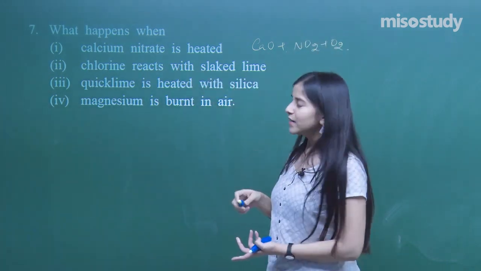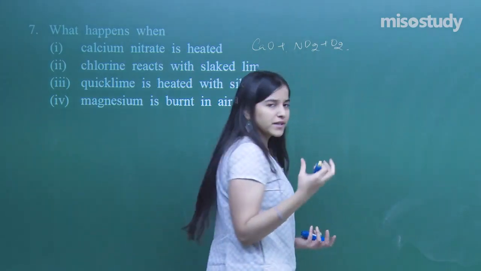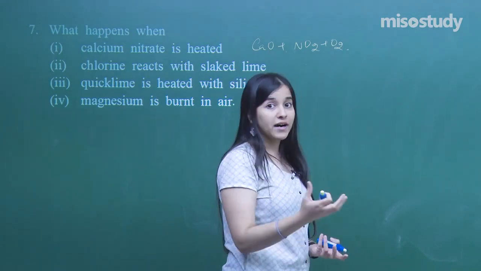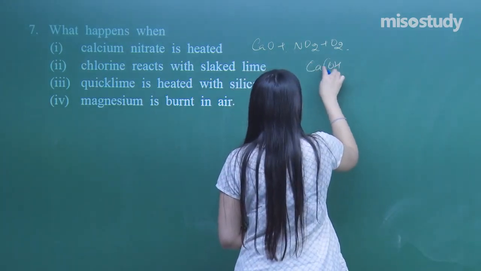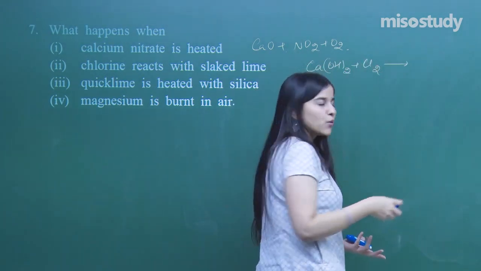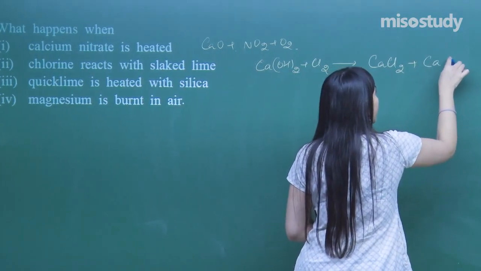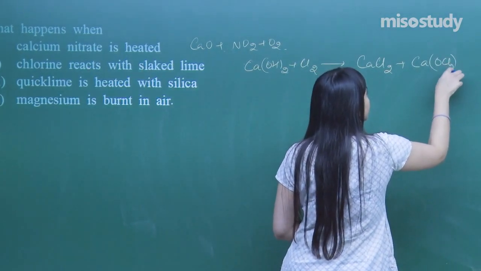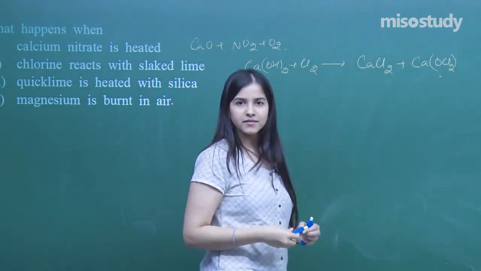Chlorine reacts with slaked lime. You know what reaction is this? So, we get a very, very important compound which is of our use, right? See here, slaked lime is calcium hydroxide. If I am trying to react it with the Cl2, we get CaCl2 plus CaOCl2, right? This. And what is this?